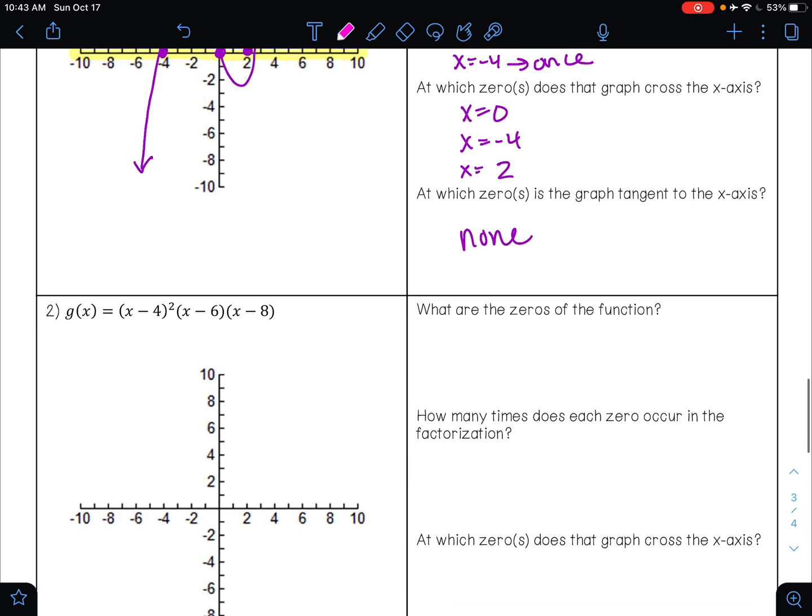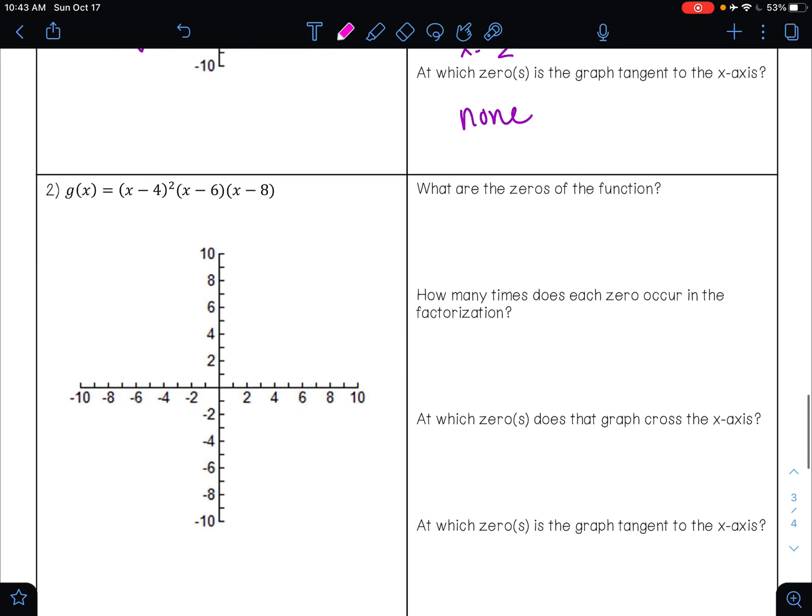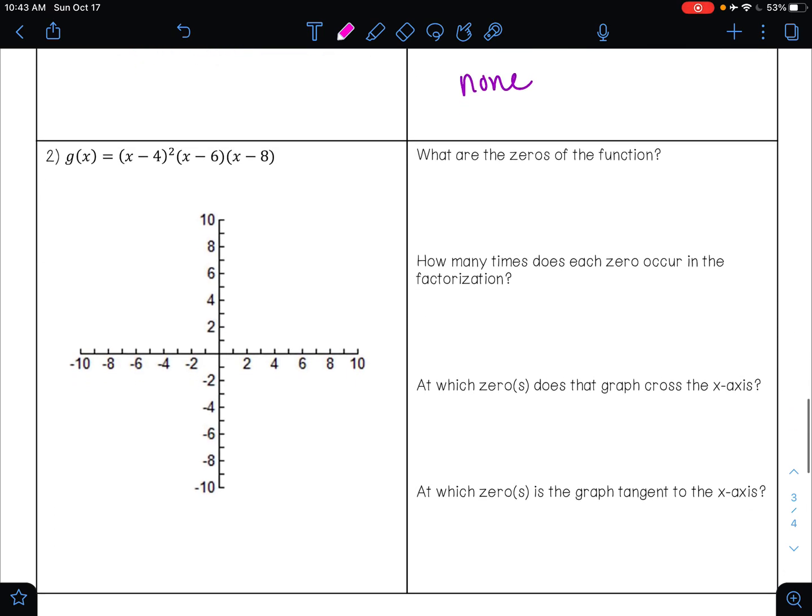So here I have g of x equals x minus 4 squared times x minus 6 times x minus 8. So I already know by looking at this what my zeros are going to be. If I were to solve this, I would have a 0 at 4. I would have a 0 at 6 because I would have to add 6 to both sides. And then I would have a 0 at 8.